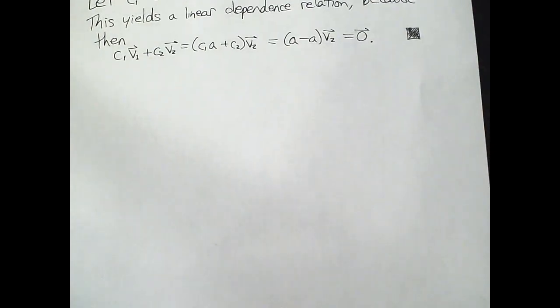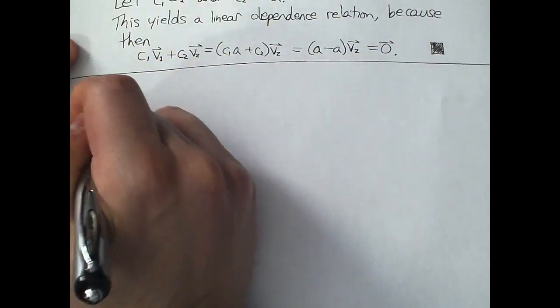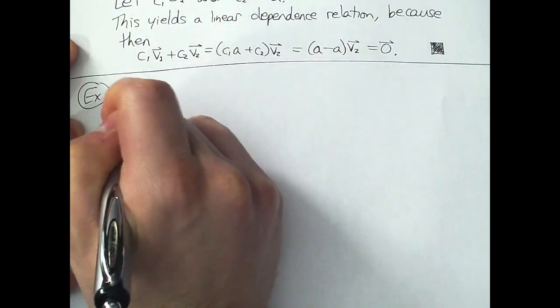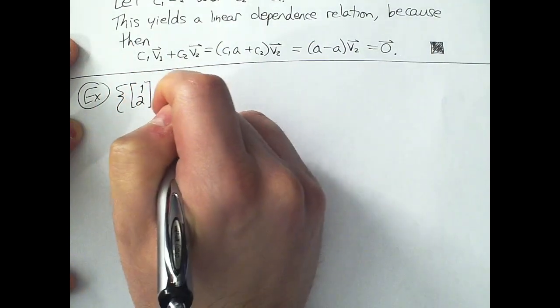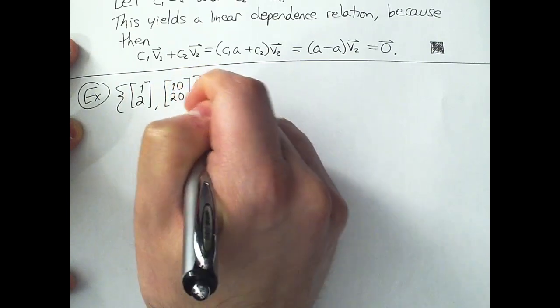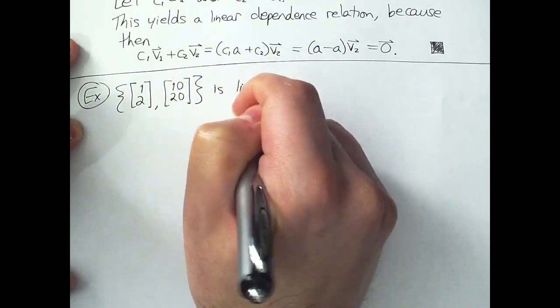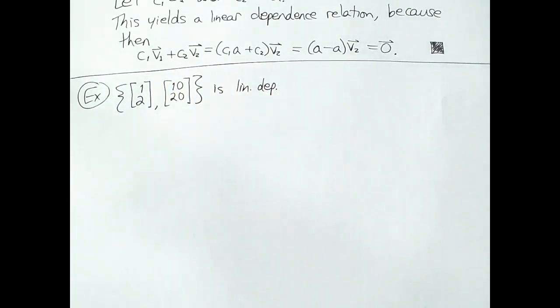Here, I'll show you a couple of quick examples. I'm not going to write a lot of words here. These are just going to be quick examples. This set is linearly dependent. Can you see that very quickly?